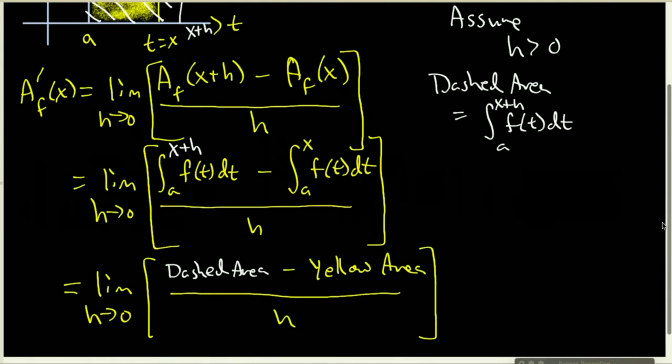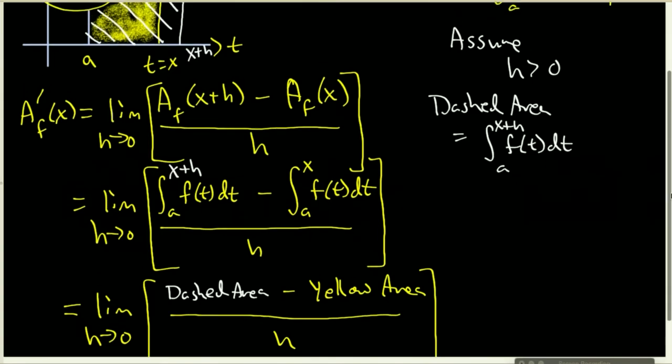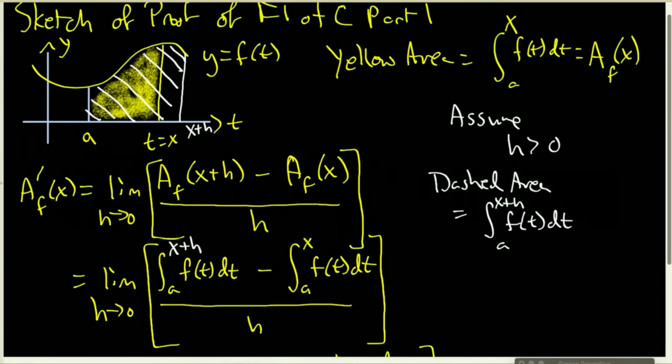Now let's think about what that dashed area minus the yellow area looks like. I'm going to think about coloring it. The dashed area minus the yellow area is this red area. And I want you to look at that red area.